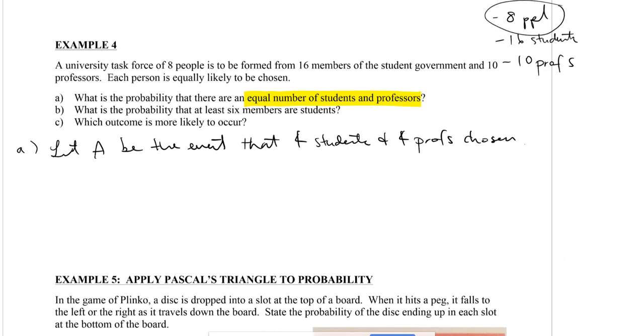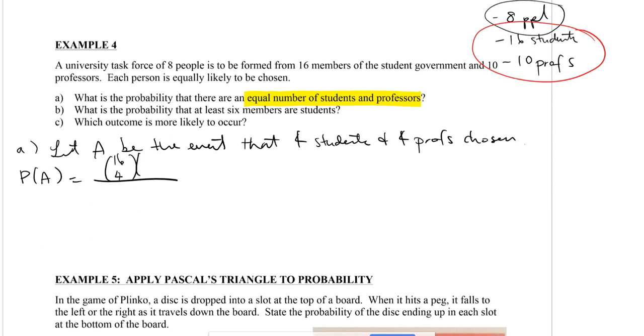Okay, so probability of A is pretty much the number of ways to choose 4 students and 4 professors. And right here, this is the pool in which my selection is happening. So of the students, 16 are in my pool, I'm picking 4.